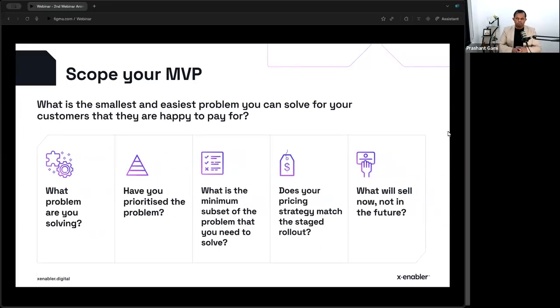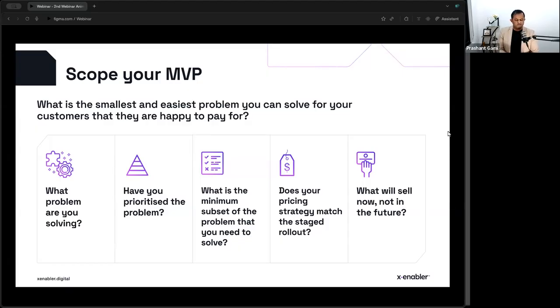So, this is basically not building the entire product, but only building what is actually required. So, what is the smallest? And I want to focus and really emphasize on the easiest problem that you can solve for your customer that they are happy to pay for. It might not even be your complete product.